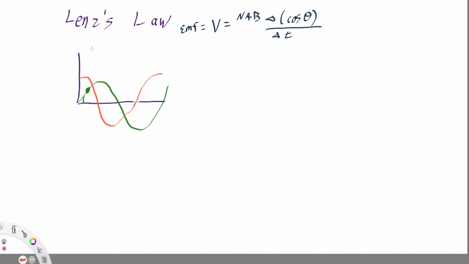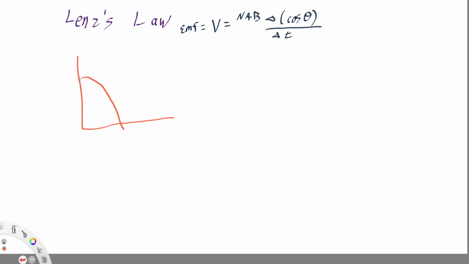I can't do both at once. All right, so here's our cosine. If we're at, say, this point in the cosine, our value of cosine theta is decreasing. So our flux is going down.